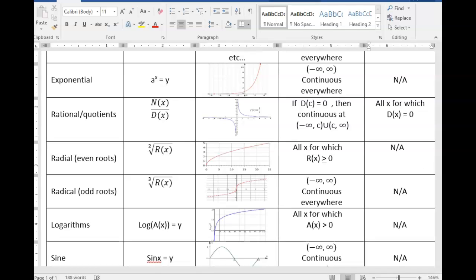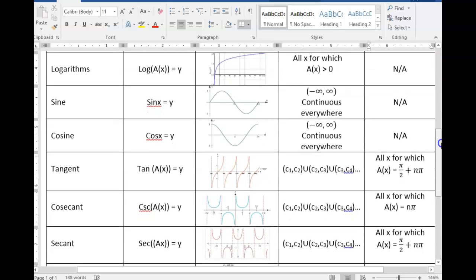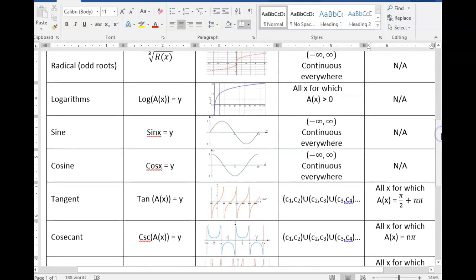Log functions. Let's talk about log functions. Log functions look like this. They're continuous as well. But remember, they only exist where the part you're taking the log of is greater than 0.